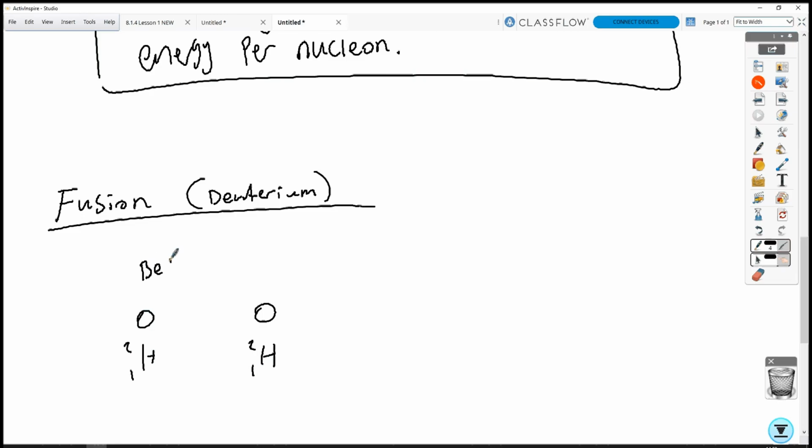So this is our before. And after, they join together and they're now bound together within an energy well. So if they've bound together, they've become something different.